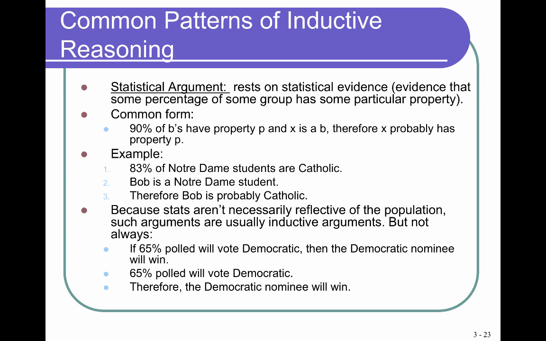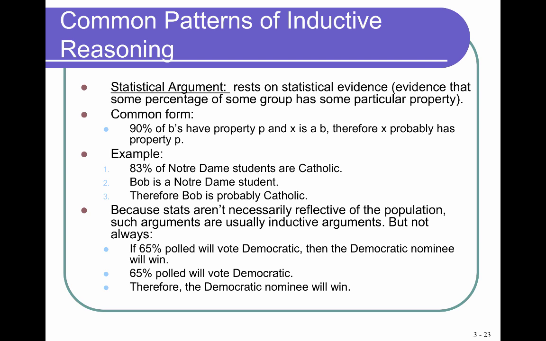Bob is a Notre Dame student, therefore Bob is probably Catholic. Well, Bob obviously has an 83% chance of being Catholic, but he also has a 17% chance of not being Catholic. So, because stats tend to be generally reflective of the population, but obviously not reflective of 100% of the population, these arguments are usually inductive.